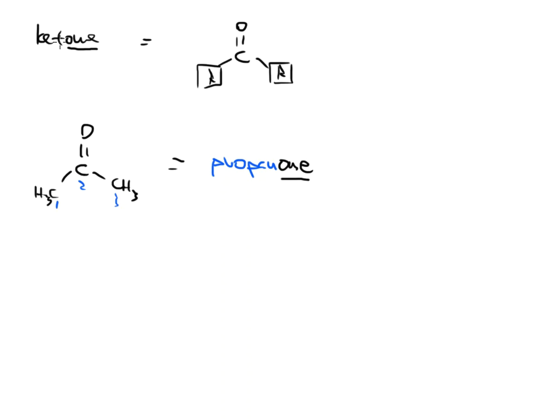Now, propanone doesn't necessarily have to have a number. And the reason is because if this double bond O was at the first carbon here, that's not really a ketone. That would have a hydrogen on one side, right? So we couldn't have a one spot. That would be silly. That's a different functional group.